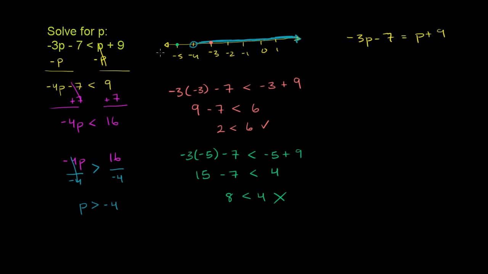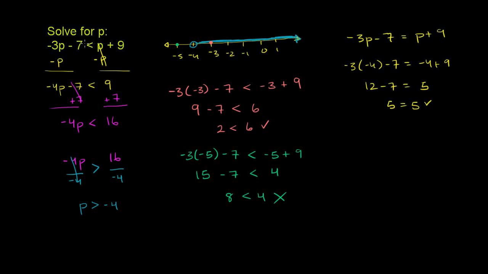Let's see whether negative 4 at least satisfies the related equation. So if we get negative 3 times negative 4 minus 7, this should be equal to negative 4 plus 9. So this is 12 minus 7 should be equal to negative 4 plus 9 should be equal to 5. And this, of course, is true. 5 is equal to 5. So it satisfies the related equation, but it should not satisfy this.